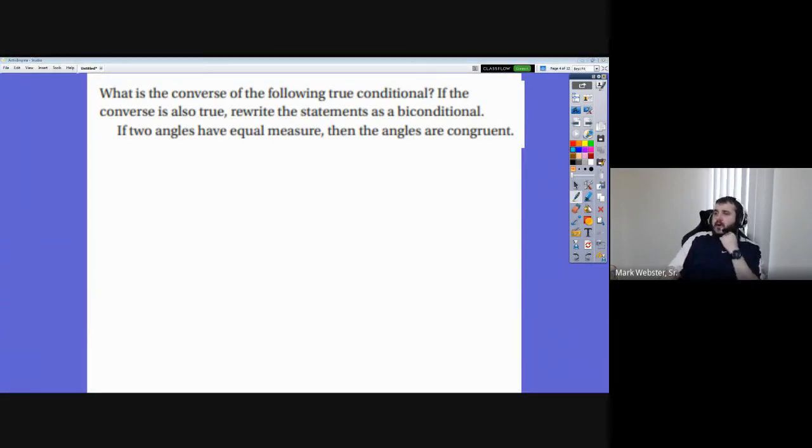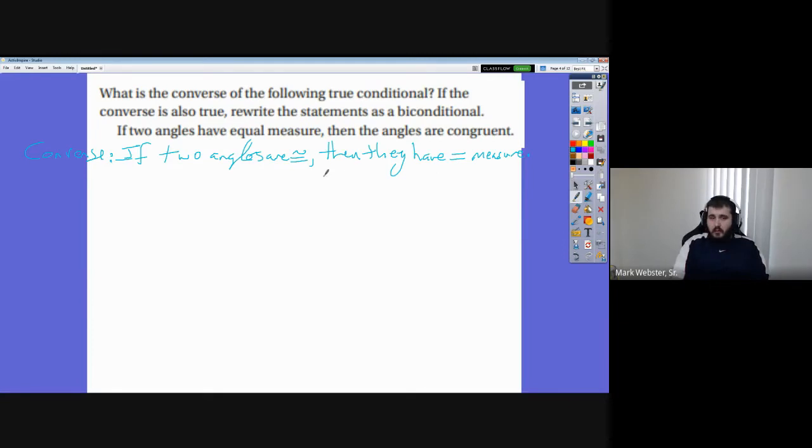Okay, so tell me what's going on here. Is the converse true? If we look, we switch it around. If the angles are congruent, then two angles have equal measure. Is that true? Of course it is. That's what congruent means, right?